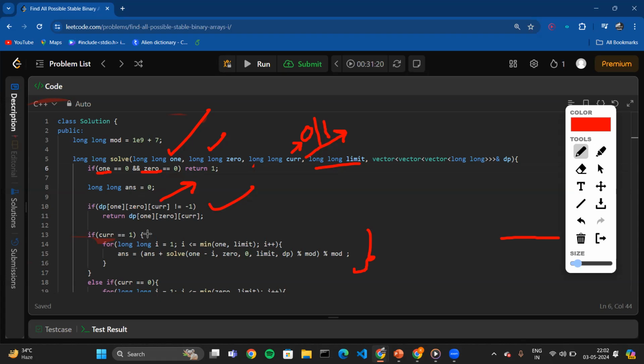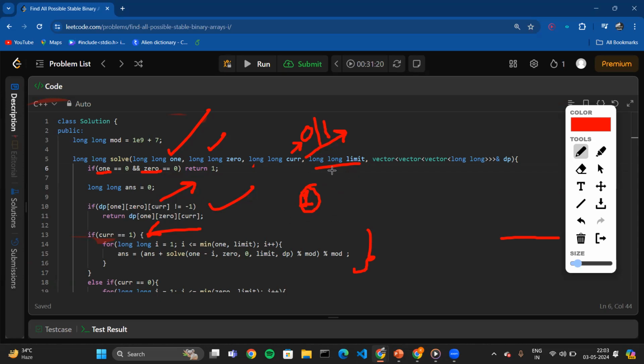Now, if I am at current index 1, what I am saying in this code is that if I took element 1, then I will try all possible ways, up till the limit I have, of placing it. What do you mean by that?